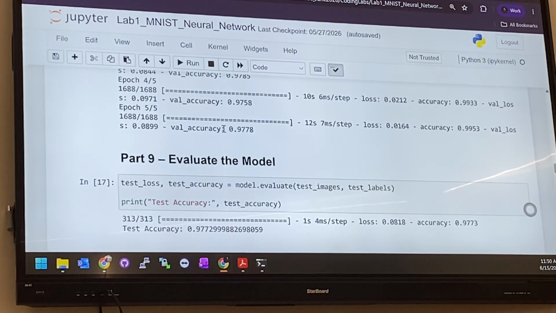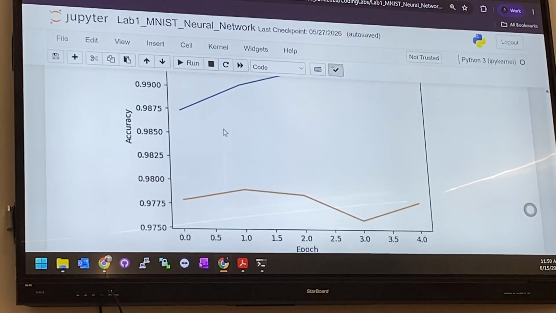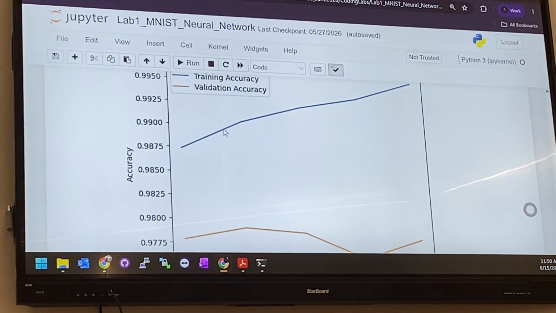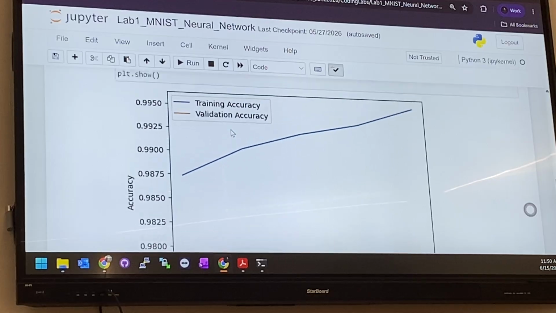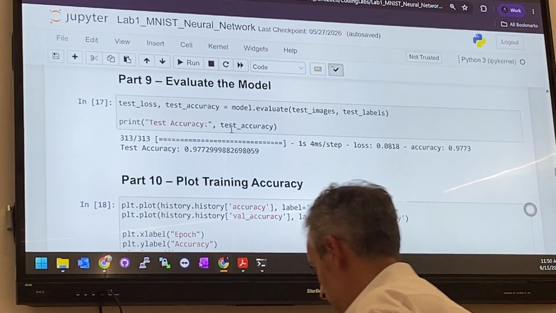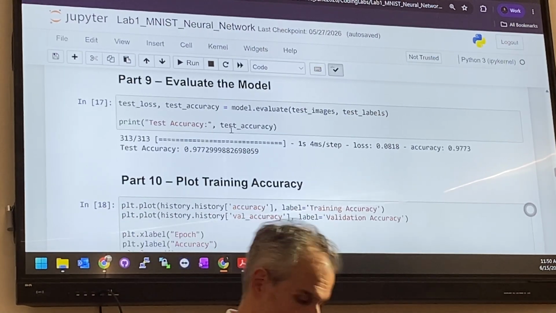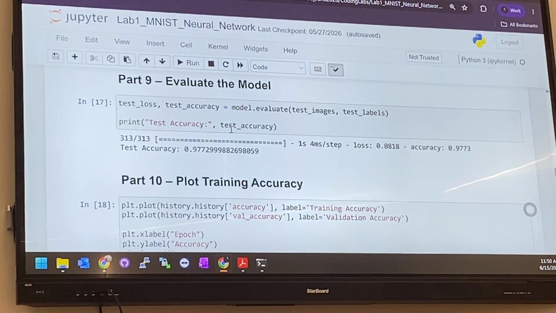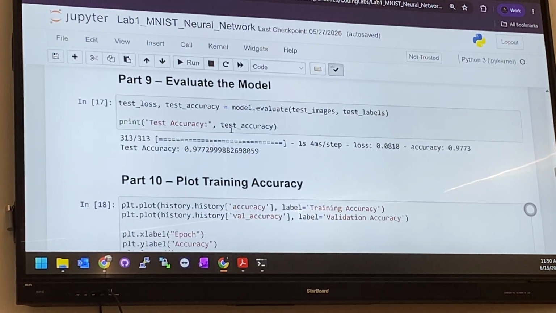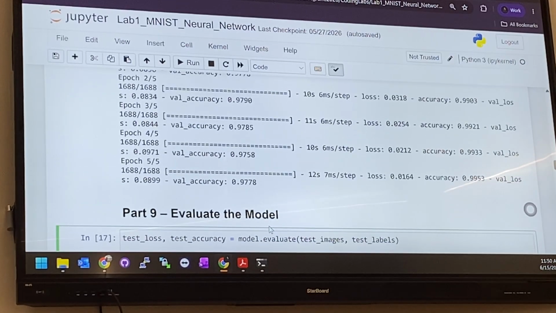Now, we evaluate the model and we're getting slightly lower. Sometimes it can go a bit up. It's something that we have to make sure to understand when we evaluate the model. The accuracy that we achieve is 0.97. When we trained the model, the accuracy was highest in epoch 5, 99.5.